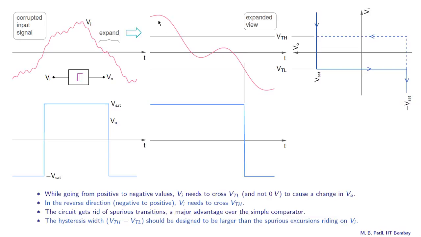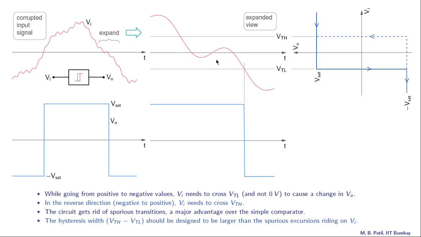When the input voltage is here, we are here on this VO versus VI relationship. And now what's happening? As time proceeds, this input voltage is coming down, so we are going in that direction. And when is the output going to change? The output is going to change not at VTH but at VTL. So that means the output will only change when the input voltage reaches this point, and that is exactly where this transition is occurring.